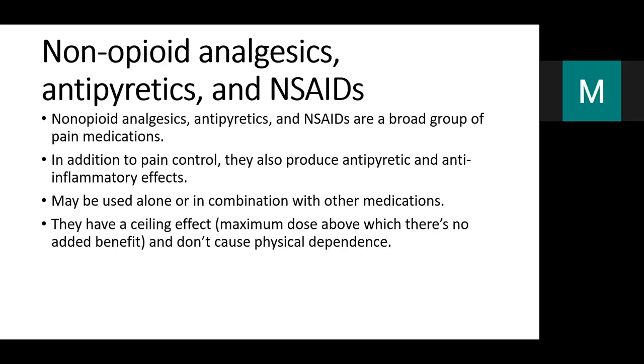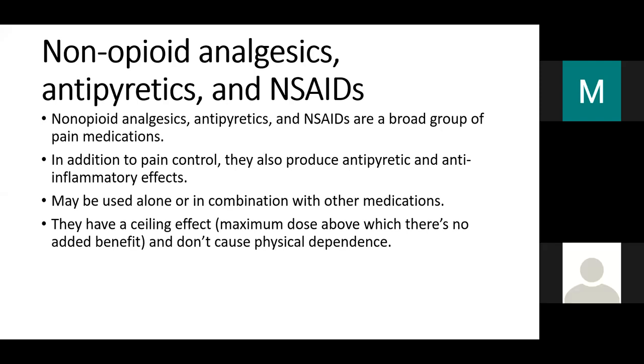So when you take the non-opioid analgesics, these are antipyretics and NSAIDs. They are a broad group of medications. Apart from controlling pain, they also have an antipyretic effect, that is, they reduce fever, and they also have anti-inflammatory effects.